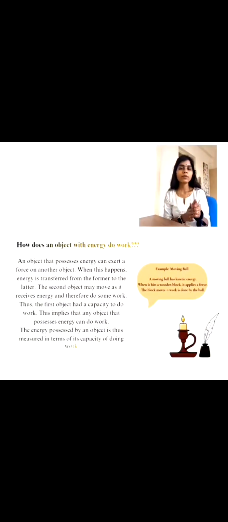Here, the second object receives energy and therefore does some kind of work. And the first object also has some capacity to do work. From this, we can say that anything that has some energy can make things happen, and making things happen is called work.